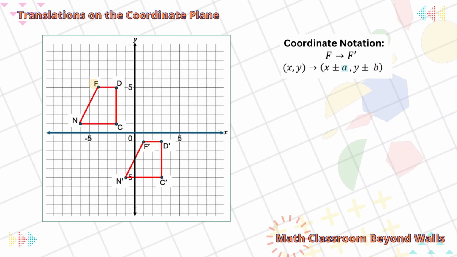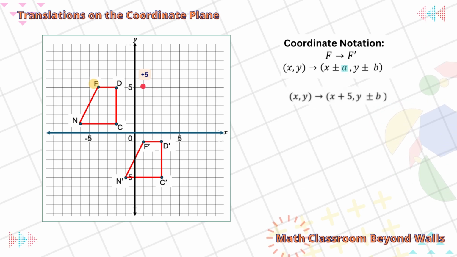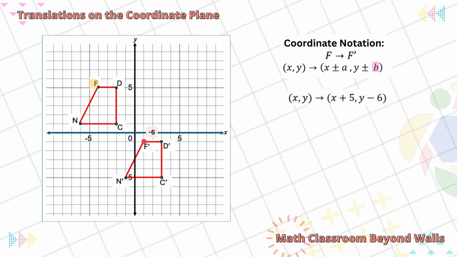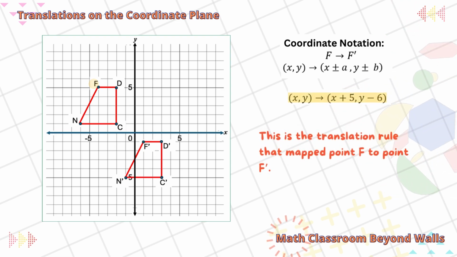F is pushed 5 units to the right, which means adding 5 to x, and 6 units down, which means subtracting 6 from y. Now, our coordinate notation is complete.